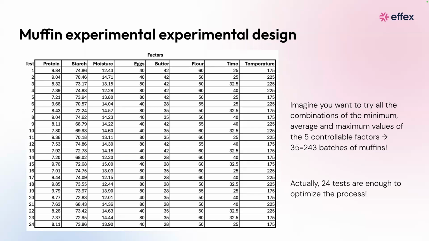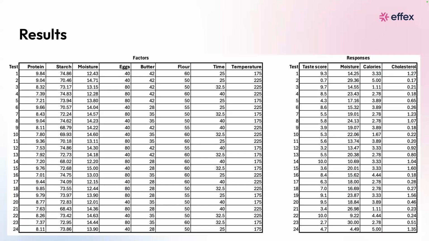So this is sent to the persons that are going to conduct the experiment, and they add the second table there on the right, which contains the values for the quality attributes for each one of the tests. So you see that the first has a taste score of 9.3, moisture of 14.25, calories of 333, and cholesterol of 127.